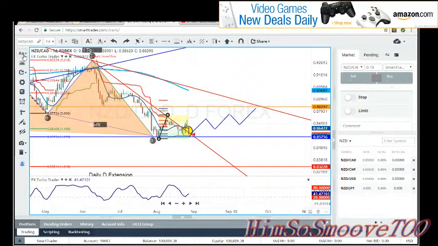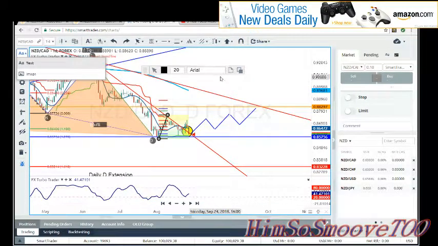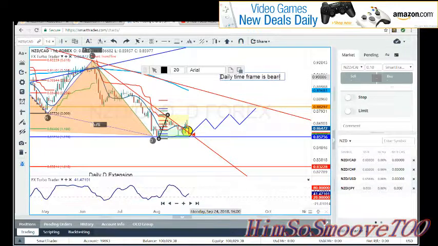Okay, let's type it out. Daily time frame. It's bearish. Inner downtrend line has broken. Going up to the outer trend line.